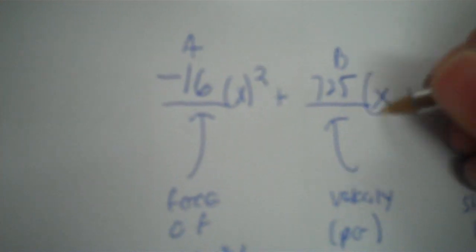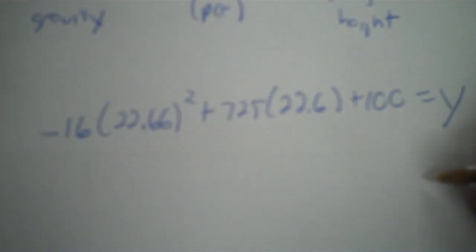Now to find the actual max height, we just replace these x's with 22.66. I don't care if you write this out, I'm just showing you how it works on the calculator.